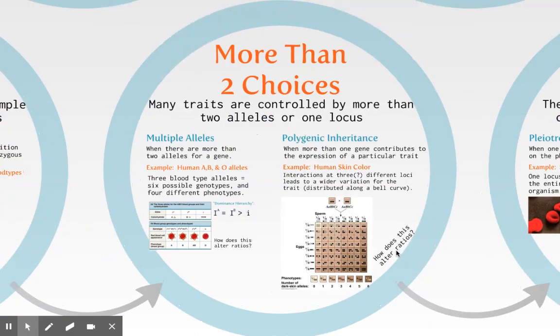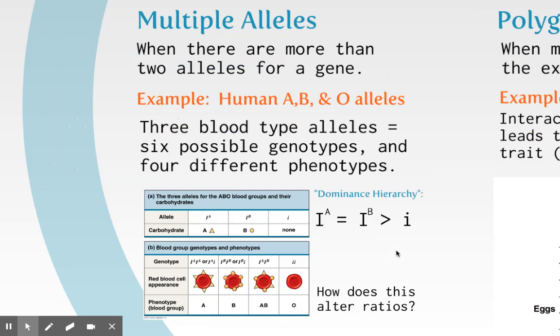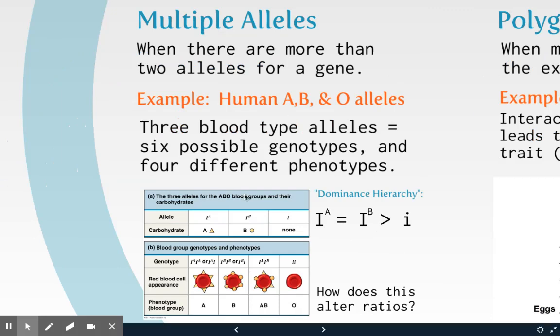The next type is when you have traits that are controlled by more than two alleles. So far, we've been talking about only two alleles for everything, like pink or red, purple or white. But many of our traits are actually controlled by many alleles. So multiple alleles, this is the blood typing.